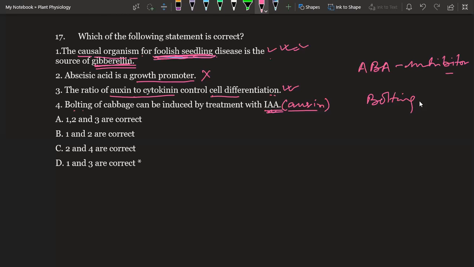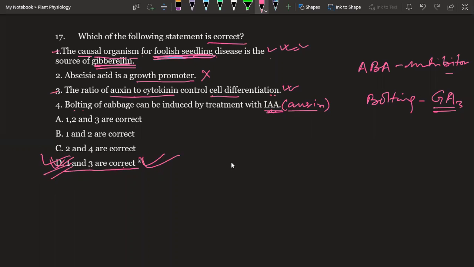Bolting is by GA, gibberellic acid or gibberellin. So which of the following statements is correct? Are 1, 2, 3 correct? No. The correct statements are the first one and the third one. So our answer will be that the first and third statements are correct.